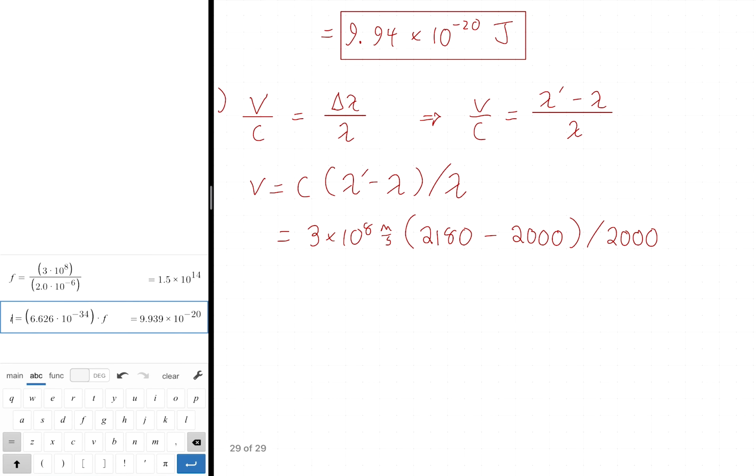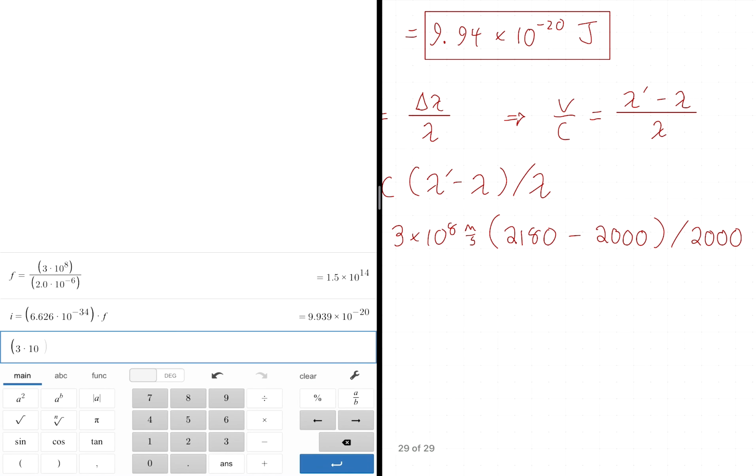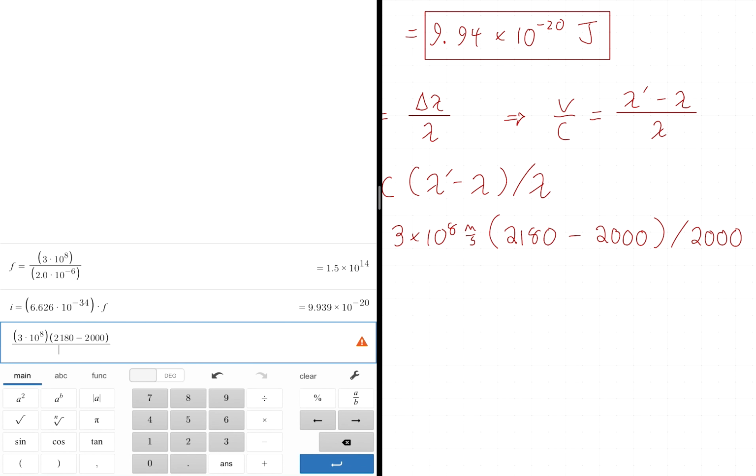If we plug in those numbers, I won't give it a variable name because we're not going to use it again, since we are nearly done. 3 times 10 to the 8 for our speed of light, multiplied by our difference of wavelengths: our 2180 minus our original 2000 nanometers as measured in the lab, all over 2000.